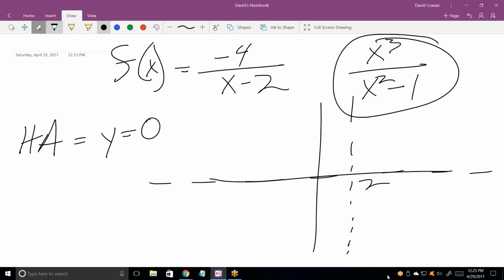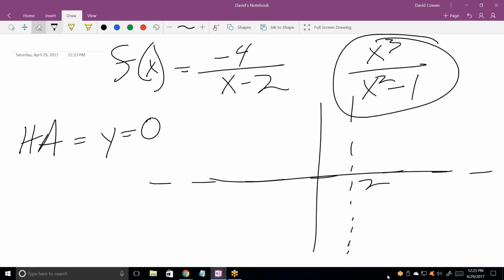And that's the slope, right? Well, if the numerator is 1 degree higher than the denominator, and you do the division, you get a slant asymptote, or what's called an oblique asymptote. The only time you get that is if the numerator is exactly 1 degree higher than the denominator.